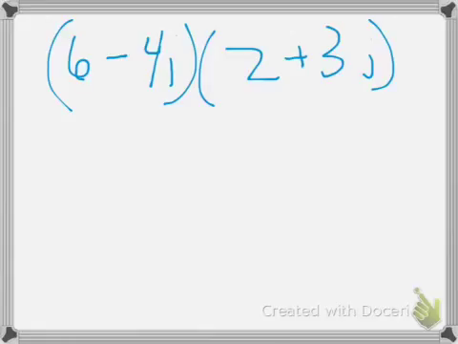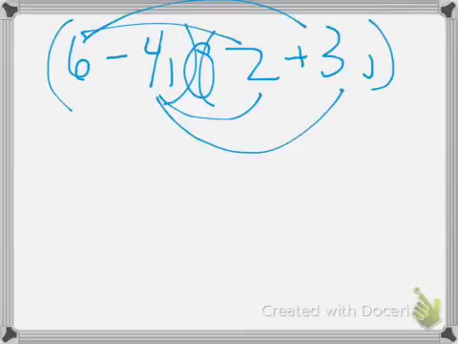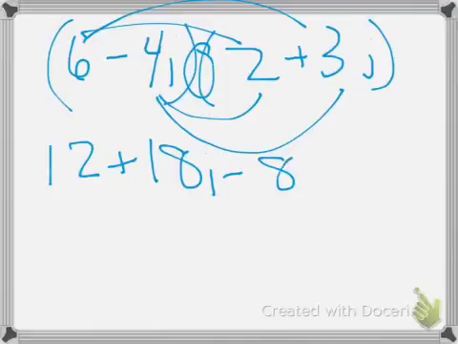Again, since there's no sign between the parentheses, we have to distribute the numbers inside the first parentheses to the next set of parentheses. So 6 times 2 is 12, and 6 times 3i is 18i. And then -4i times 2 is -8i, and -4i times 3i is -12i squared.